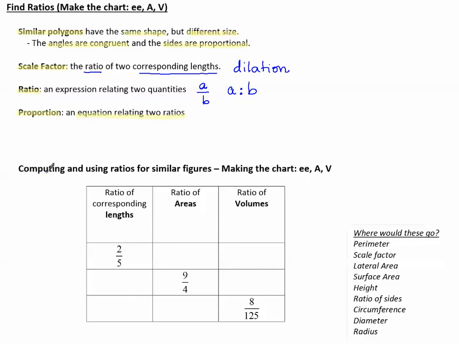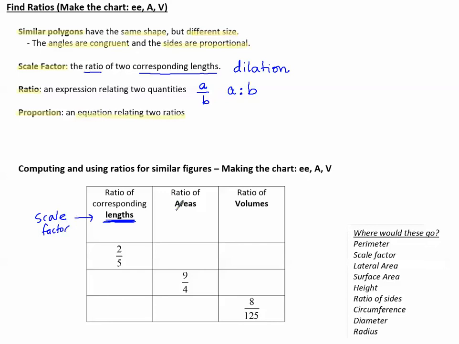Let's talk about computing and using ratios for similar figures, making the chart EEAV. So we start with the ratio of corresponding lengths, any corresponding lengths. This is generally where we put the scale factor, because we get the scale factor from the ratio of corresponding lengths.